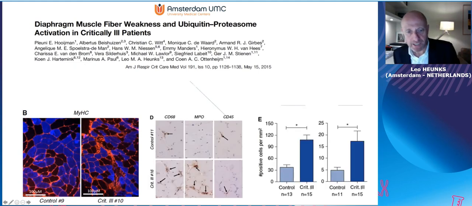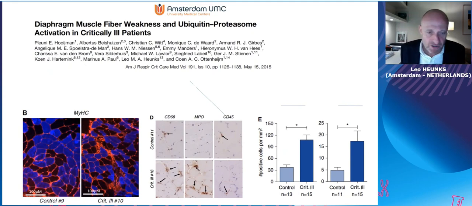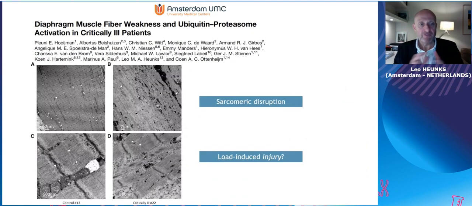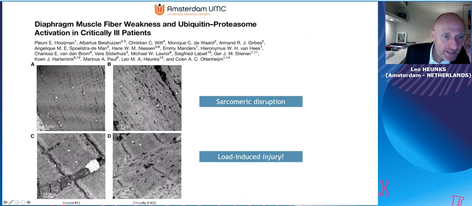But interestingly, we also found infiltration of inflammatory cells in the diaphragm of ICU patients. And even more interestingly, there were structural modifications in the diaphragm. Right here, you recognize the diaphragm of a healthy subject. You recognize the striation pattern, typical of a muscle.